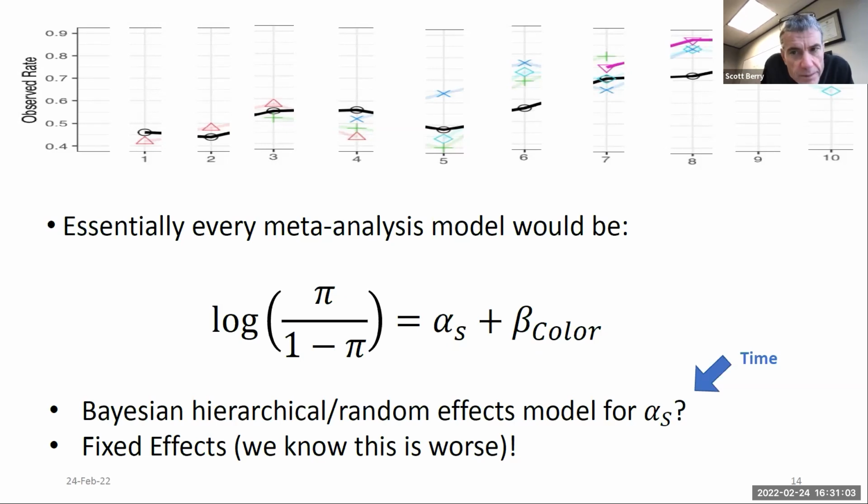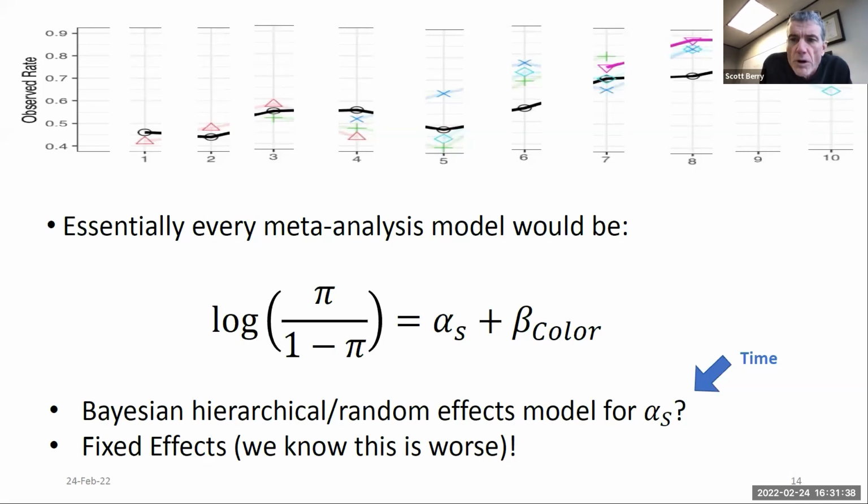Rarely in meta-analysis would you model these as fixed effects. Stein has shown us that we can do better than that. We typically would use hierarchical random effects models for study. The difference here is that we know these are not exchangeable. 2 and 9 might not be exchangeable. They're ordered. They're a time series. So we may very well do better by recognizing the order of these trials in time, that 5 is much more likely to be closer to 4 and 6 than it is to 10.